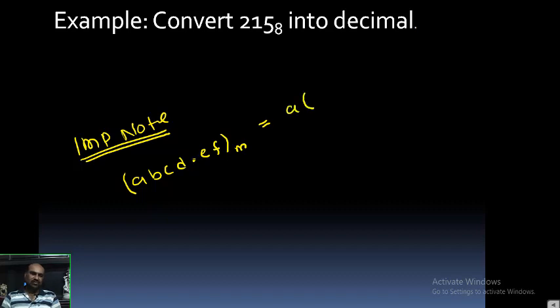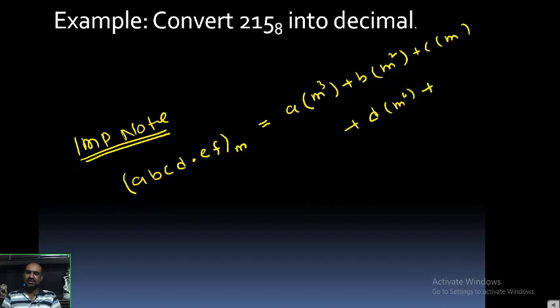A into m cube plus b into m square plus c into m plus d into m power 0. Interesting thing next: plus e into 1 by m plus f into 1 by m square, and so on. This is very important.